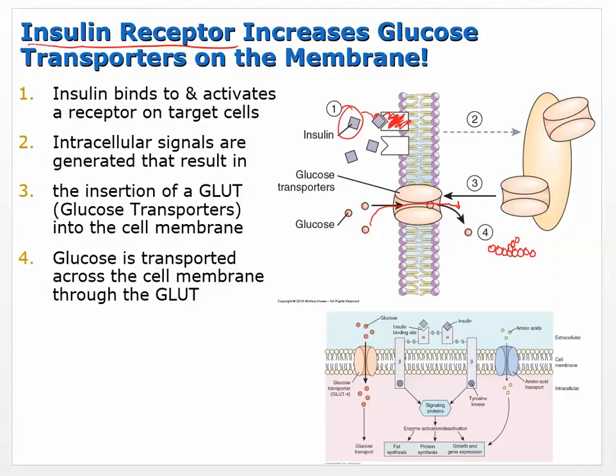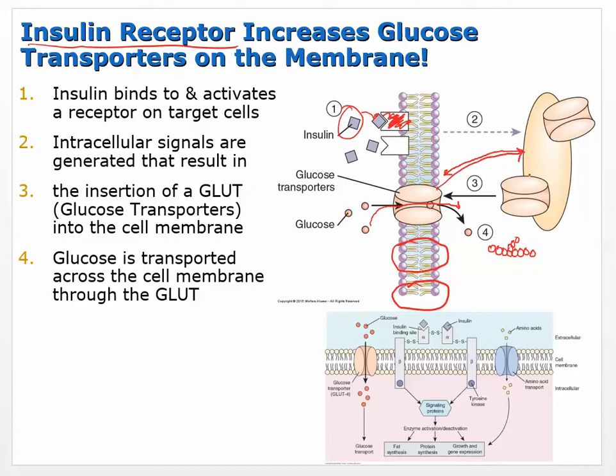So that's what happens when the insulin binds the receptor. These glucose transporters are always there on the inside in these little vesicles. That vesicle just has to come up here, fuse with the membrane, and drop off more of these glucose transporters. And then when glucagon is released, or there is no insulin present, these will break off again and go back into the cytosol and just be stored.